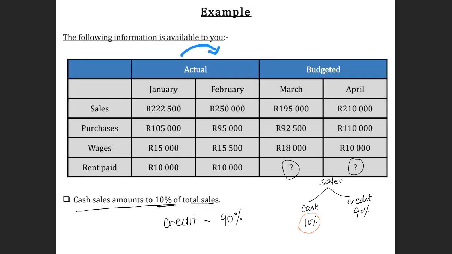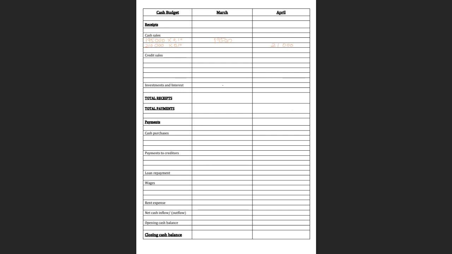So we're going to work out, firstly, this is a total sale, so we need to work out the 90% on credit, and then we need to work out the 50% that would have been received in the month of March. So the amount was 222,500.